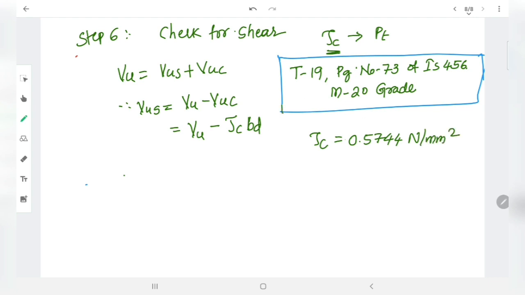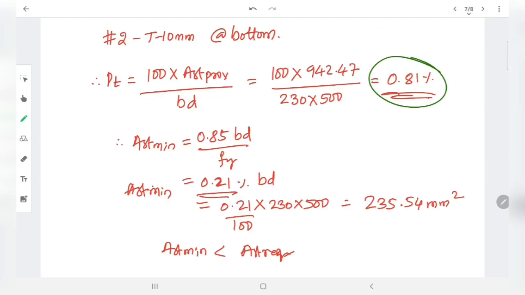So use this table and find out by doing interpolation. You will be getting the value of tau C. When you calculate this, easily you can find out the value of VUC, and later you can find out the value of VUS. VUS is equal to VU minus VUC.